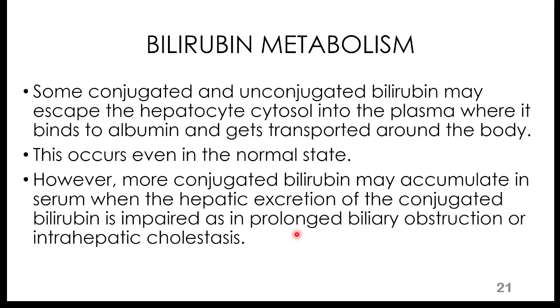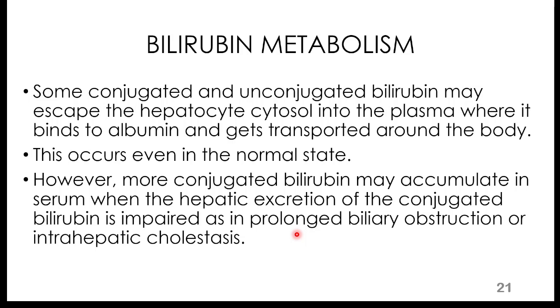But when you have issues with excreting bile, such as when there is an obstruction of the bile duct for whatever reason, an obstruction means that the bile cannot flow, and so the bile will back up. And so when new conjugated bilirubin is formed, the bile ducts adjacent to the hepatocytes are already filled. Since the bile is not flowing due to an obstruction down the line, the newly formed conjugated bilirubin will now pass back into the sinusoid.